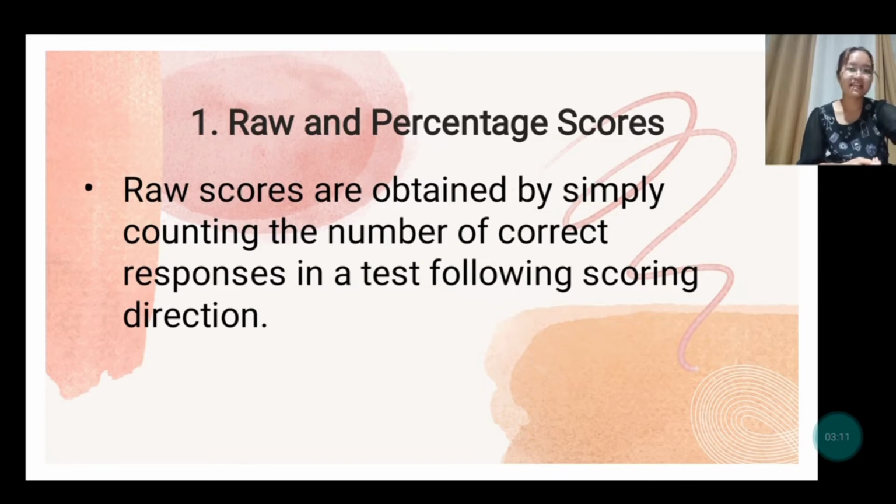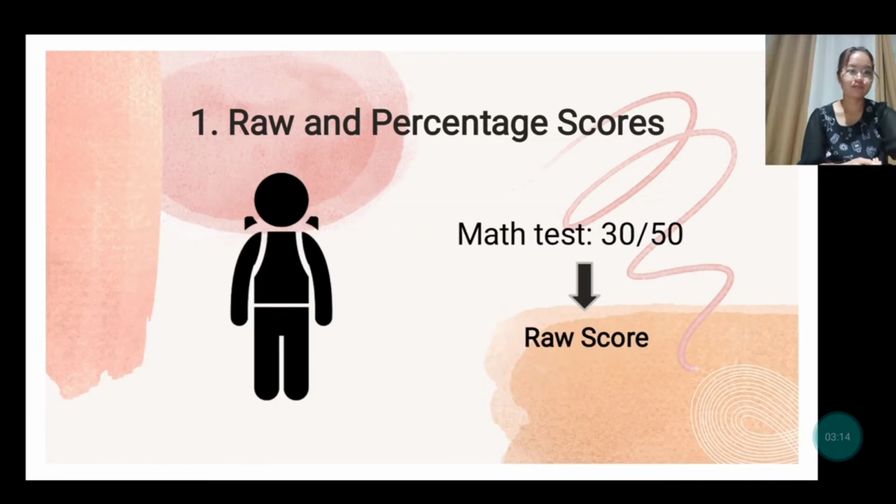For example, if there are 50 items in a math test and the student got 30 correct responses, the raw score is 30 over 50, as you can see on the screen.